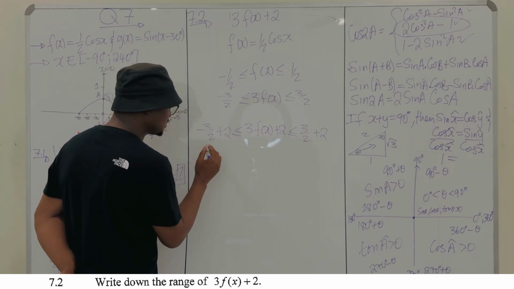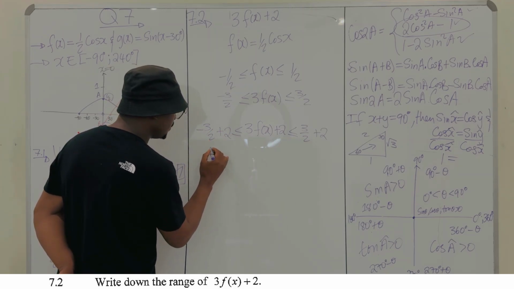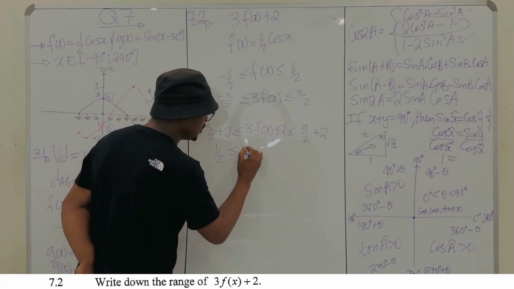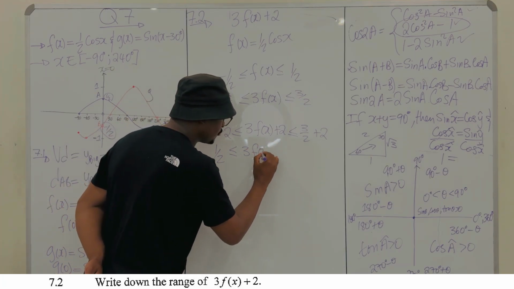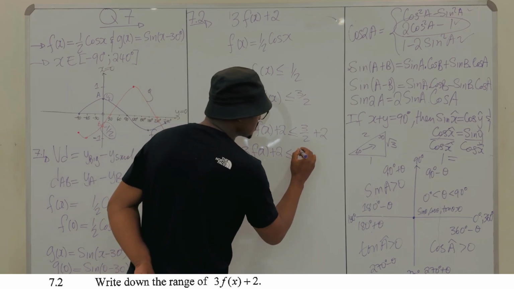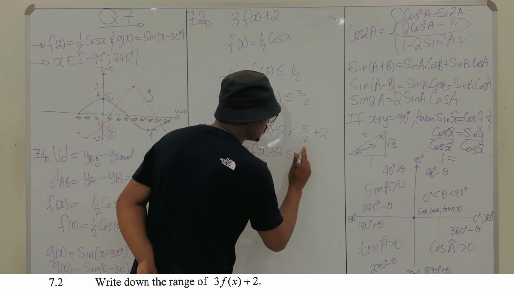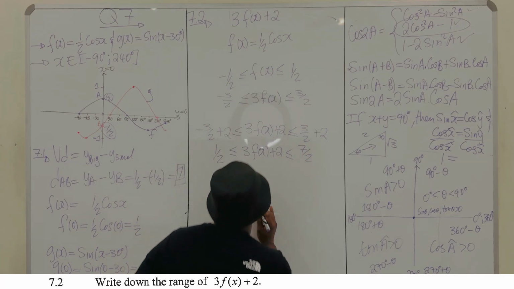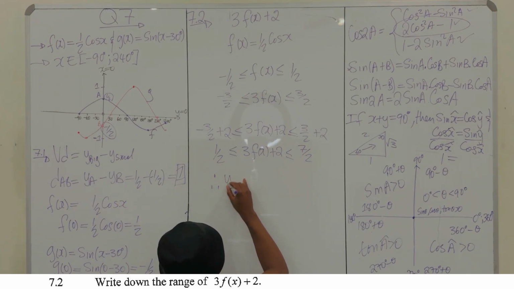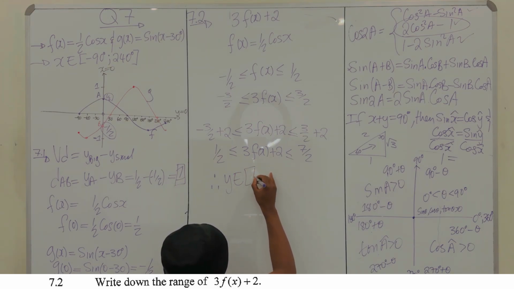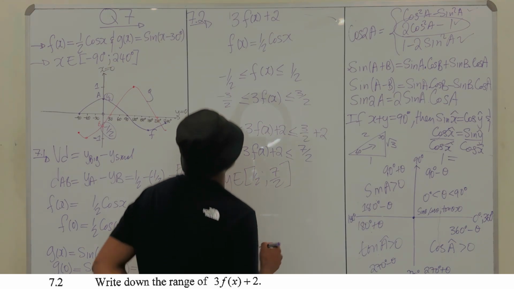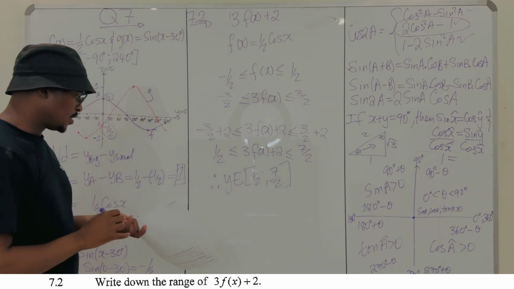So in that case, this looks like it's going to be 1 over 2 less than or equal to 3 f of x plus 2, and this one looks like it's going to be 7 over 2. This is your range, sorry. Therefore, you can say my y is an element of half to 7 over 2. That's what will happen. We're done with this one.